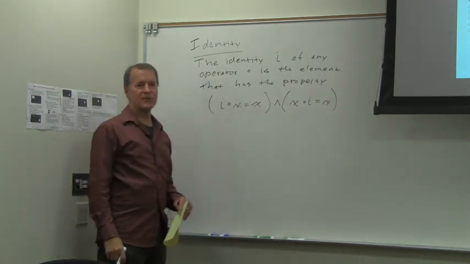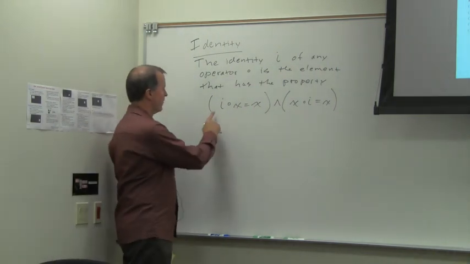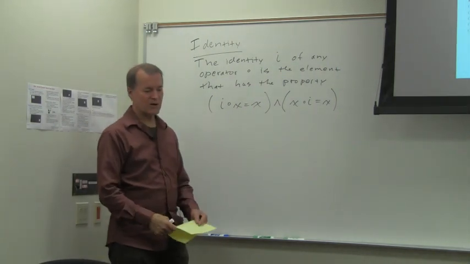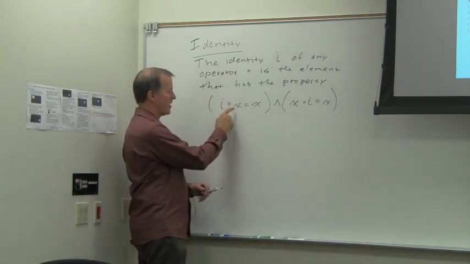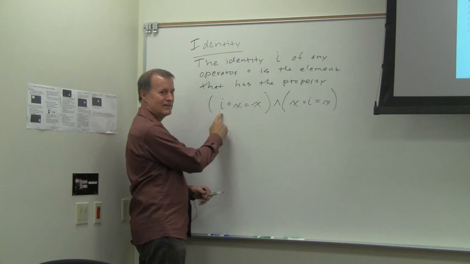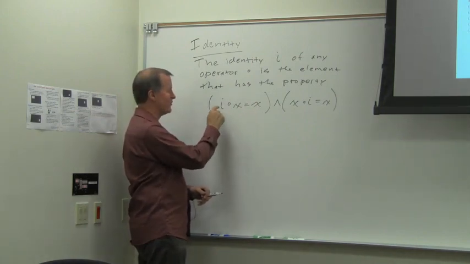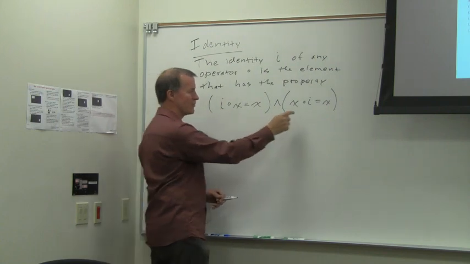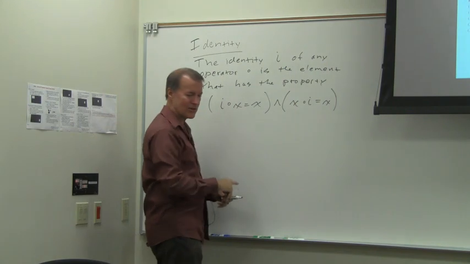That's the definition of the identity. And what is it saying? Why do you suppose we call this the identity? Because if you operate on x with the identity, what do you get? The same thing. And it doesn't matter if you do it on the left side or on the right side. If you get x, then that I is called the identity.